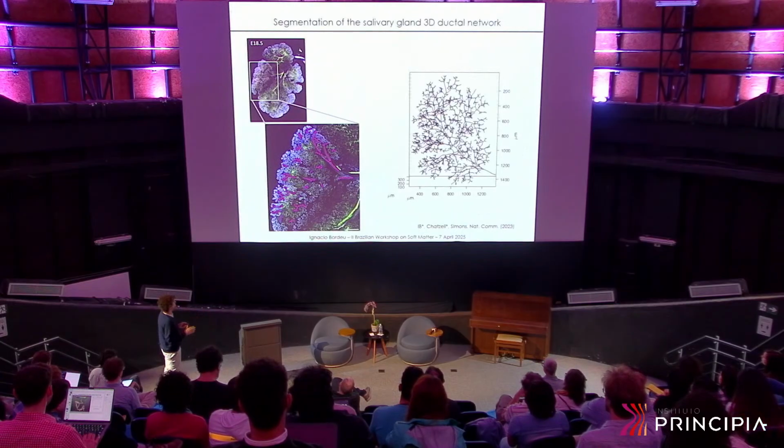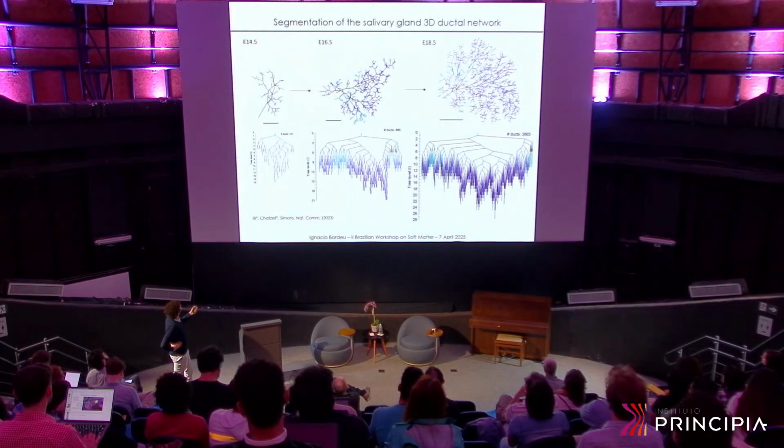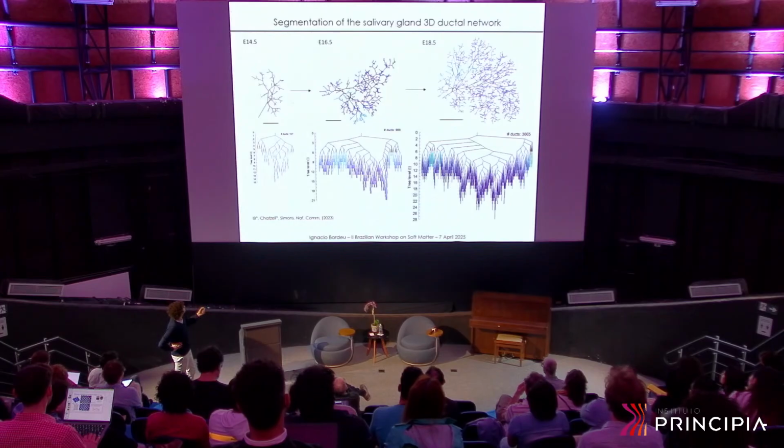So we can segment this. What we did was to segment the salivary gland at different stages of development, and you can see there, I just put 3 examples. This whole structure goes from day 14.5 in embryonic development of the mouse to 18.5, so this happens in a matter of 4 days.